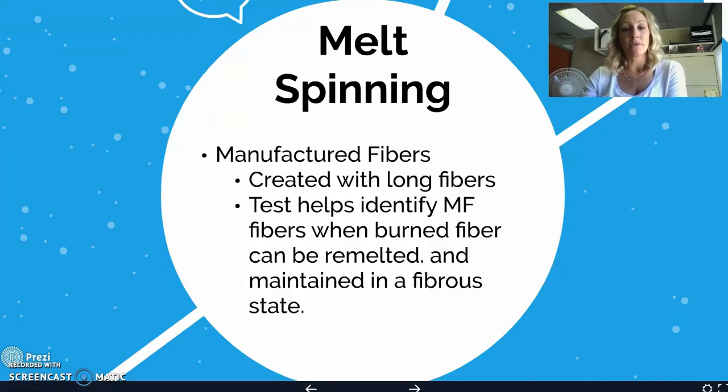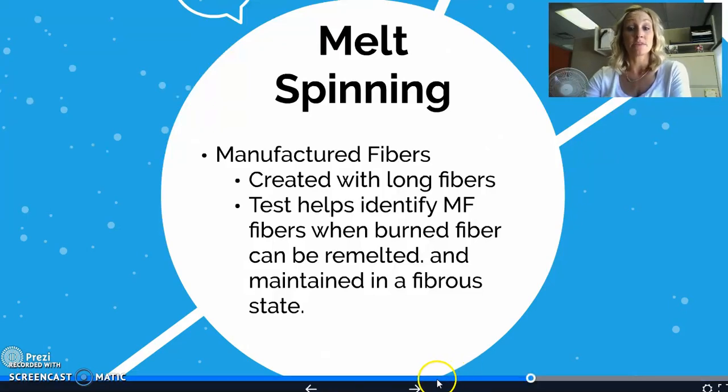So that's what we're going to be looking for. Again, if you're not successful with melt spinning, it means you have a natural fiber. If you are able to stretch it very long, you have a manufactured fiber. You're recreating what happens when these fibers are originally constructed.